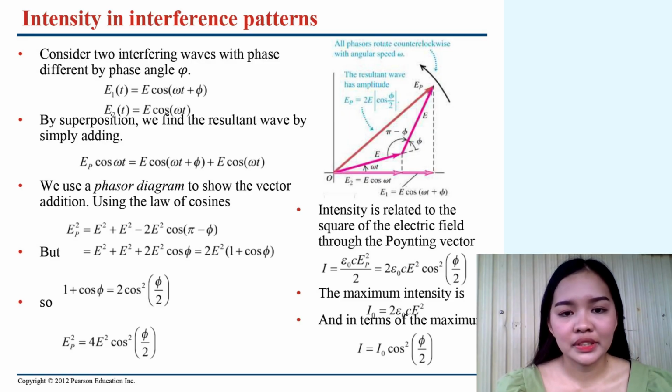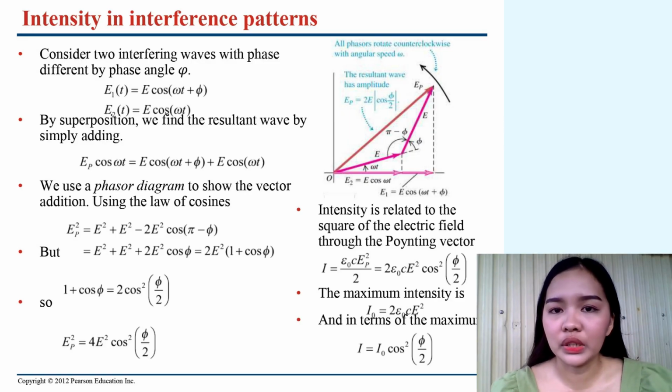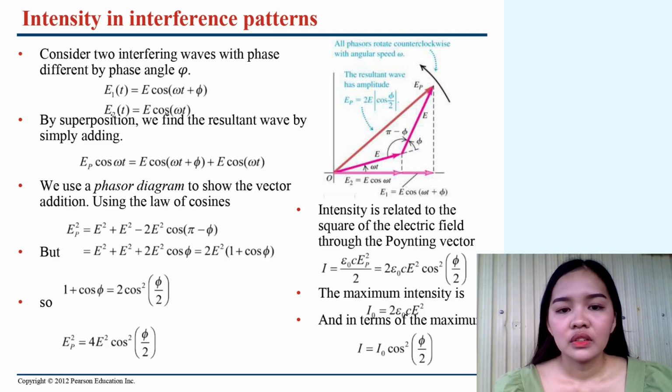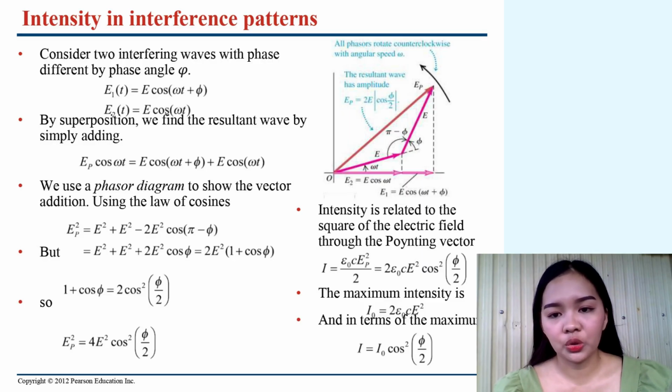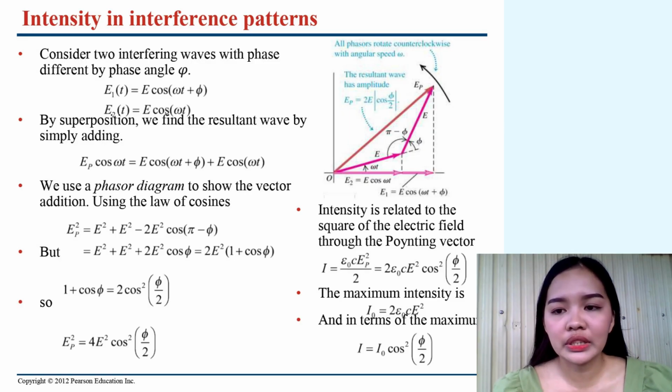So far, we've said bright equals maximum and dark equals 0, but what about in between? How bright is it exactly? So we calculate intensity. We represent each wave's electric field as a phasor. A phasor is a vector whose length is the amplitude and whose angle is the phase.